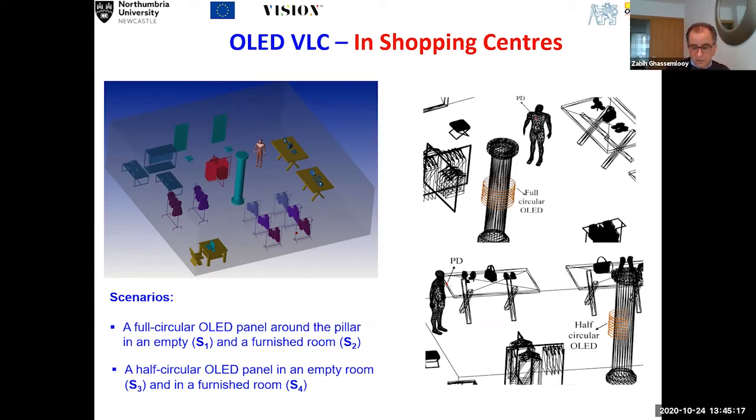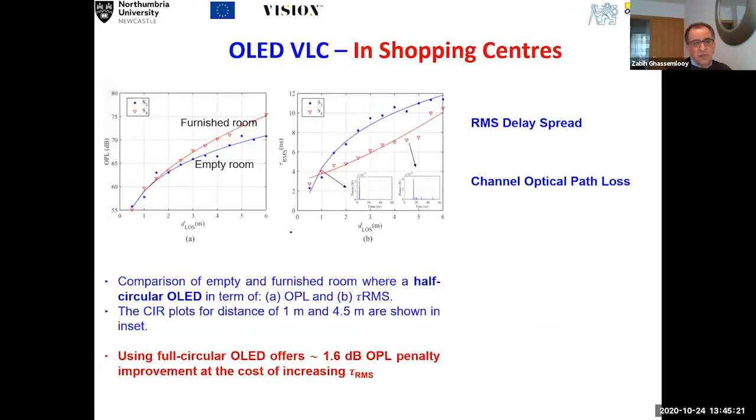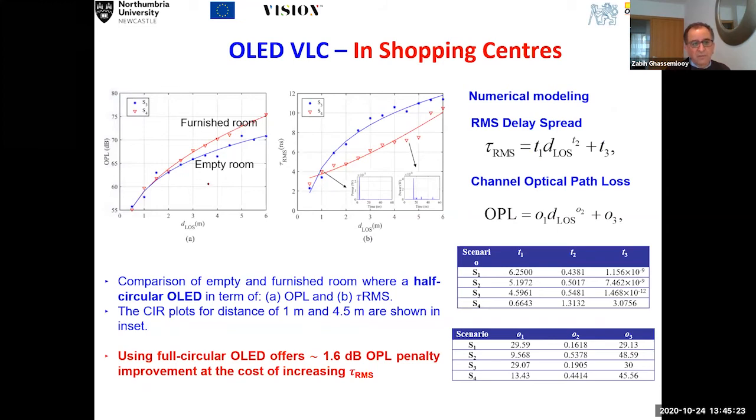We look at the optical power losses for an empty room, a furnished room, and so on, and at the impulse response, and therefore the delay spread. The delay spread tells me how much spreading you have, and therefore the maximum data rate I can transmit. The lower the delay spread, the higher the data rate. You can do these sorts of things using MATLAB if you want to.